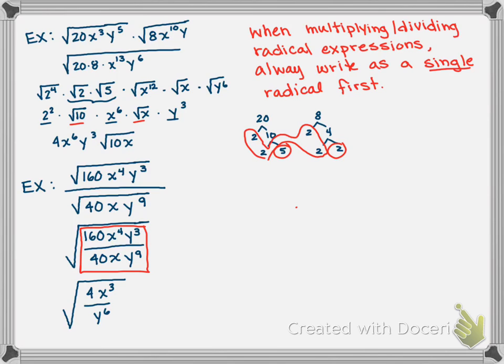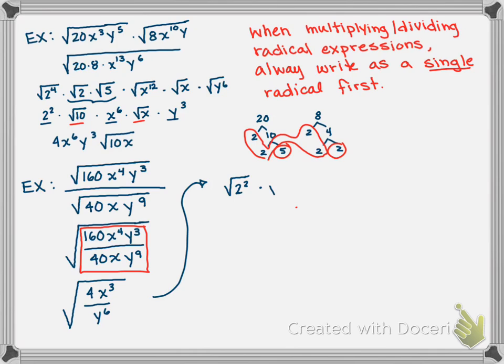So now we're just going to do the same thing we did with the product. We're going to go through and take the square root piece by piece. So we have the square root of 2 squared, that's my 4. In this one, really, you could just do the square root of 4 because you probably know it, but just to be consistent. And then that x to the 3rd, I'm going to write as x squared times x.